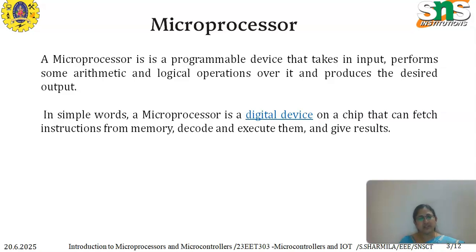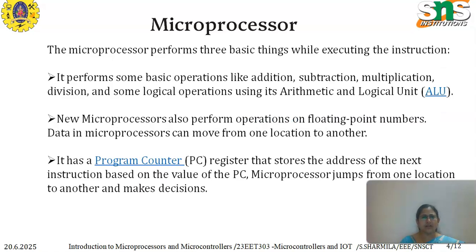In simple words, we can say that the microprocessor is a digital device on a chip that can fetch instructions from memory and decode the instruction, and based on the instruction it will perform the operations and give the results as output. And we know that the microprocessor performs three basic operations while executing the instruction.